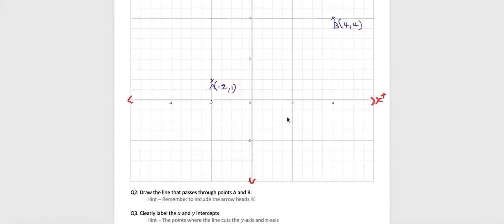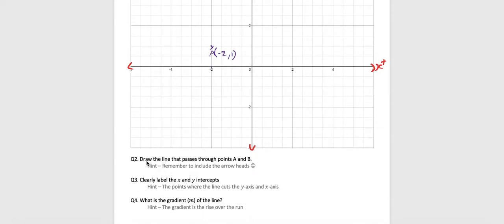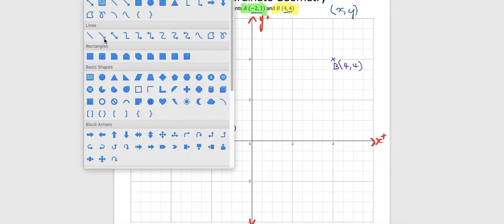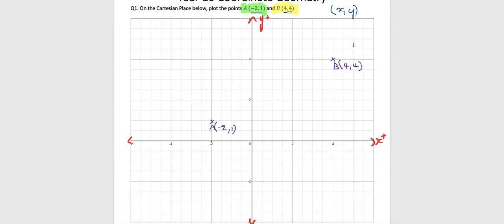Now going down to question 2, it's telling us draw the line that passes through points A and B. So notice I don't have a ruler on my laptop, but what I do have is shapes. So I'm going to draw a line that passes through both of these points here. I have to make sure that it passes through both points, and it's not going to stop. It's going to go all the way to each end of this Cartesian plane.